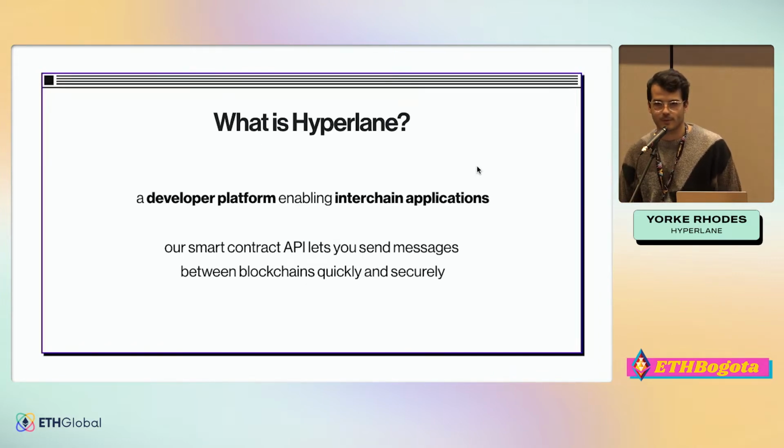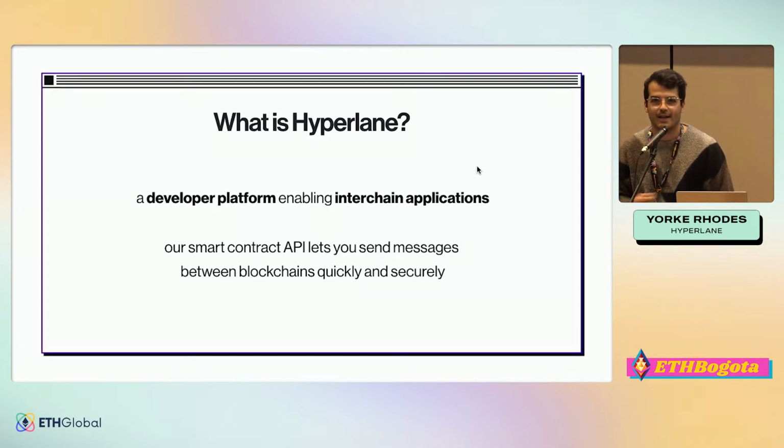So first and foremost, what is Hyperlane? In case you guys aren't up to speed, Hyperlane is a developer platform that enables interchain applications. What that basically means is there's a smart contract API that's deployed on all of our supported chains, and you can use that API to send messages between blockchains.